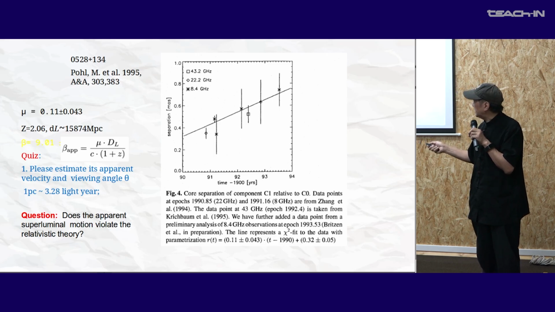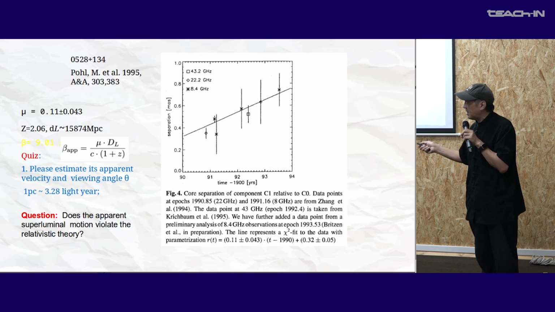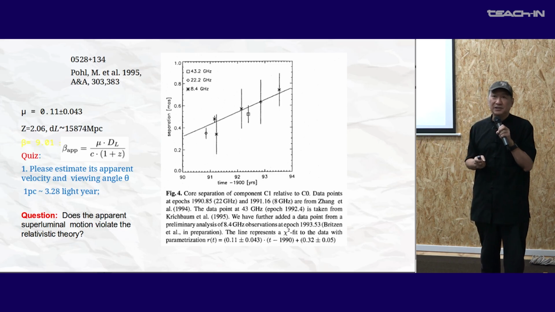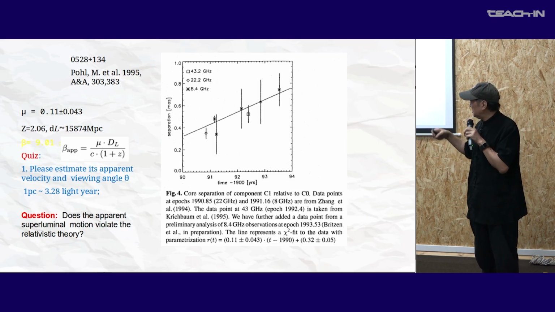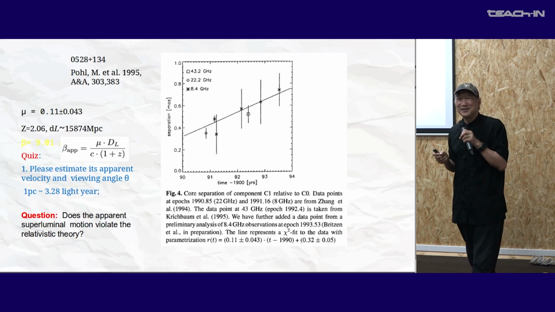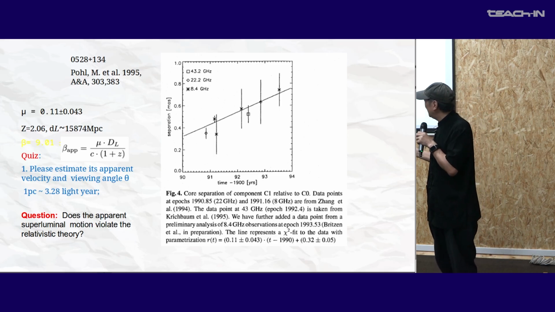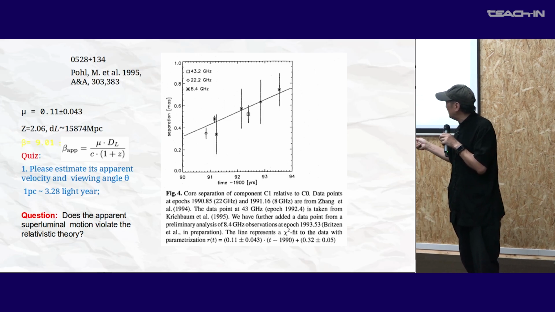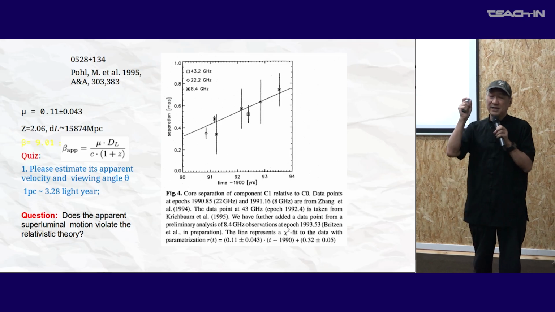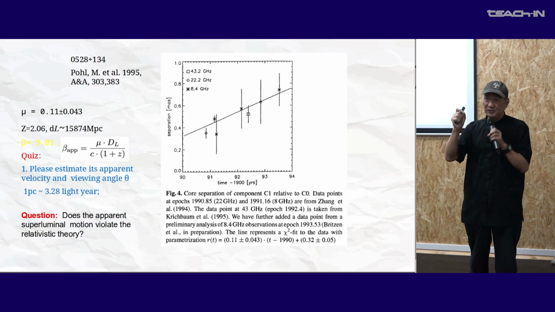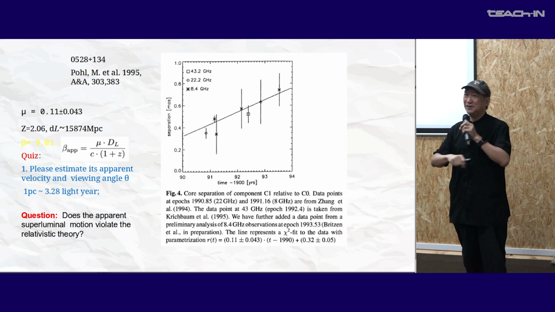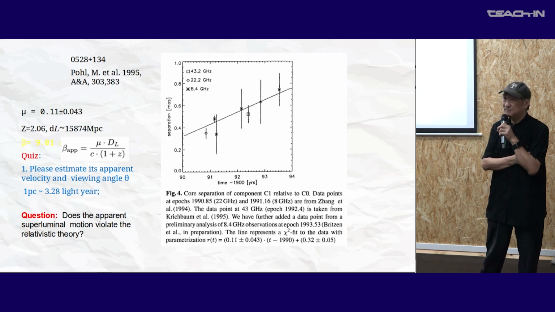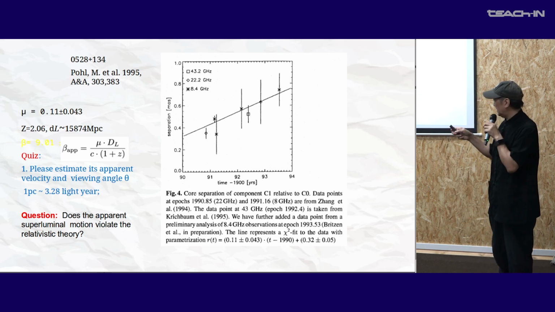From this, we can get the apparent velocity. If somebody is interested, I think we can ask the students to get the apparent velocity beta_app. And if we get beta_app, we can estimate the viewing angle, just using the method of Urry and Padovani.